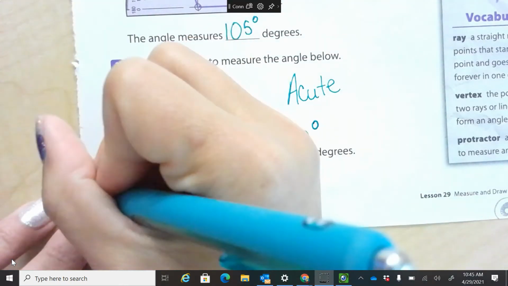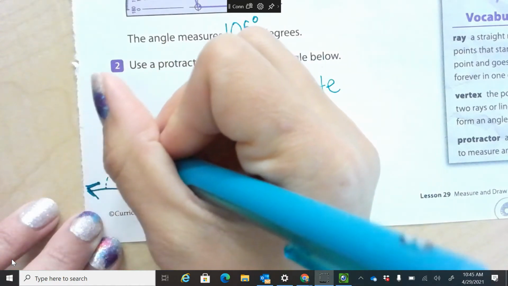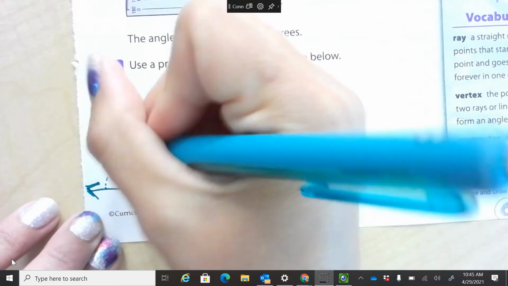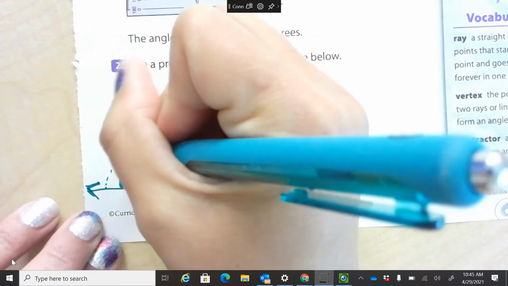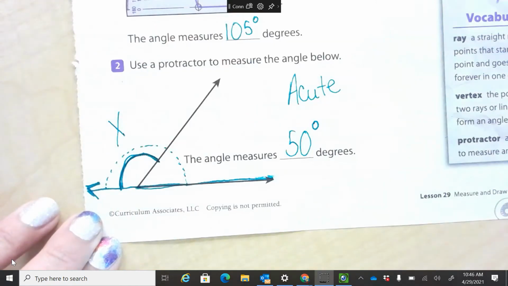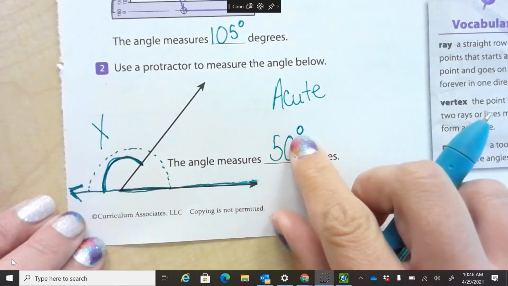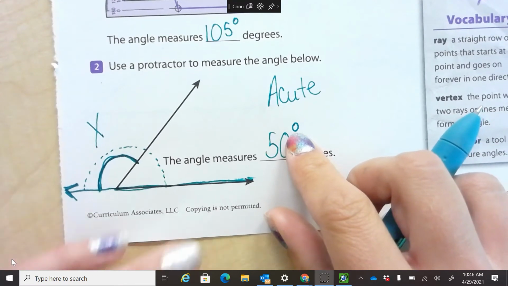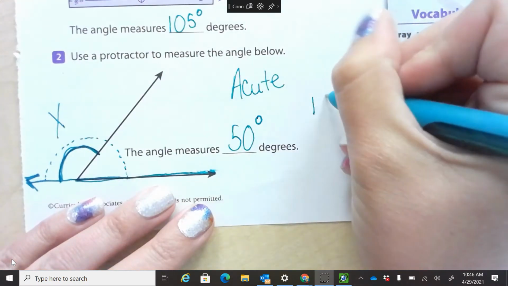We learned yesterday that a half a circle is how many degrees? 180. Okay, so if I asked you to find the measure of angle x, which means we don't know what the name of it is, but we know that this part over here is 50. How could I find what x is? Charlie? You subtract 180 by 50.